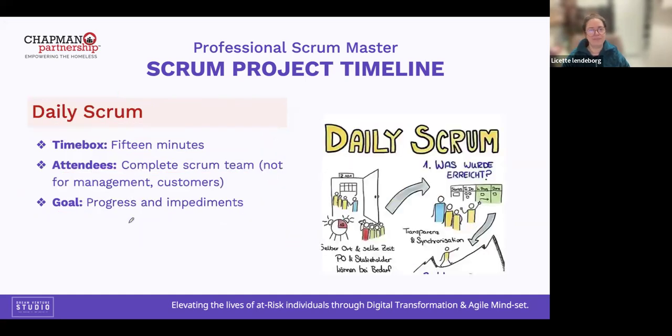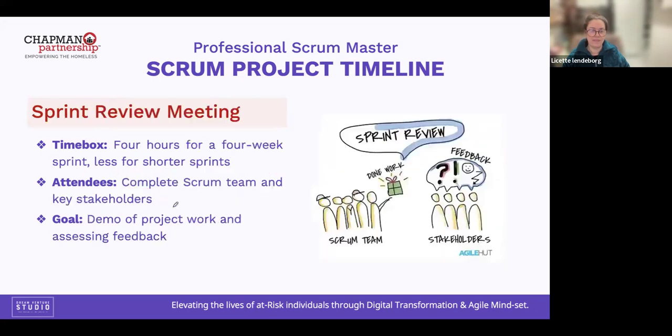Daily Scrum, 15 minutes. Attendees, the Scrum team. The goal is just to understand progress and identify blockers and impediments. Sprint review, 4 hours. Who's going to attend? The team and also the stakeholders.